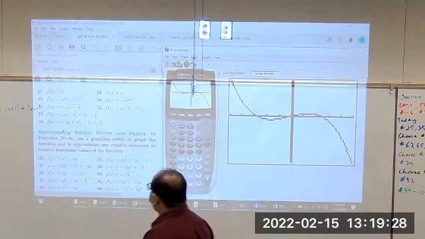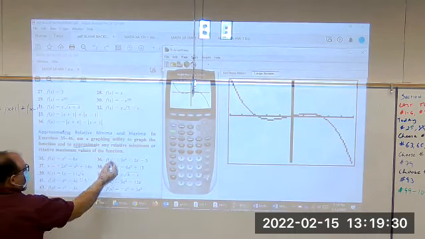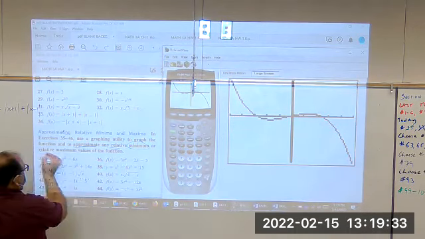And we're supposed to approximate relative minimum, relative maximum.